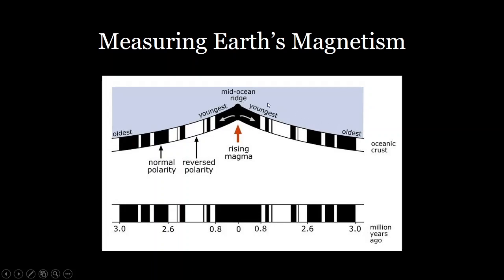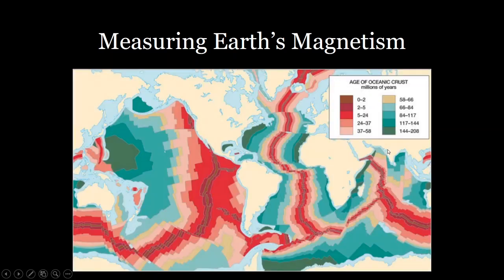So the youngest rock is located closest to the center of that ridge, and you have bands of magnetic reversals moving away from that ridge. And you can see that here. This is a map of the age of oceanic crust.